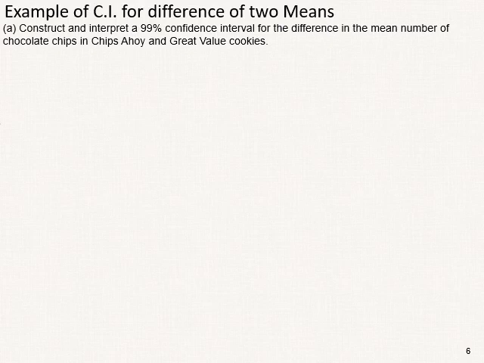Otherwise, if we switch it around, then we're going to get the flip of the confidence interval. And so we need to be consistent. So make sure that you're setting that up, saying what the difference is and what the different means are, and then also what confidence level. So pause the video and write that out.